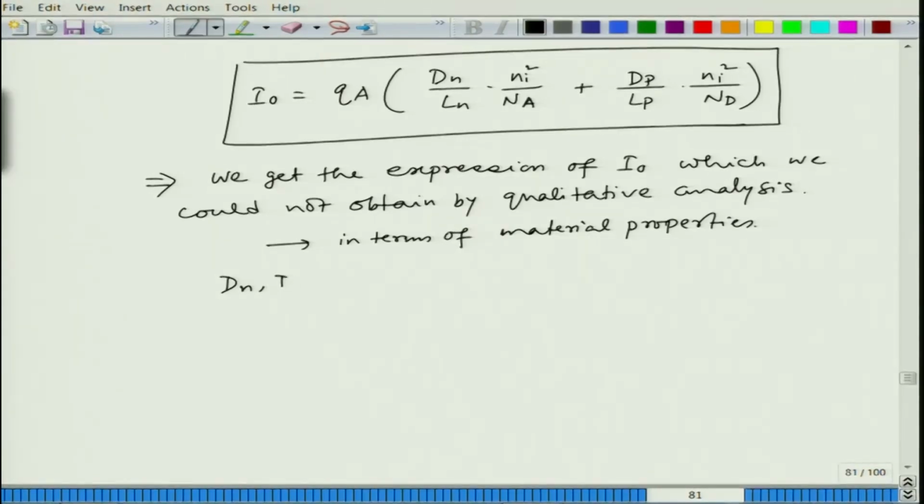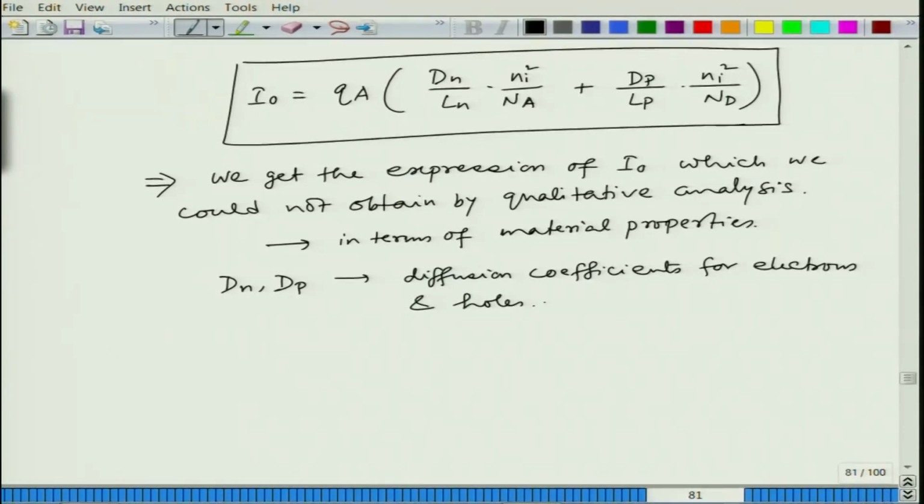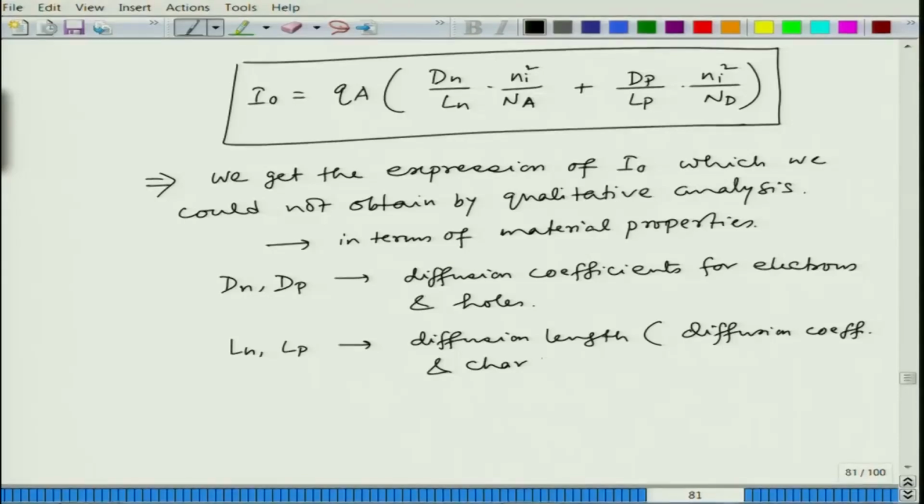Dp and Dn are the diffusion coefficients for electrons and holes, right, and Ln and Lp are called the diffusion length, which depends on the diffusion coefficient and the characteristic time of recombination, also called lifespan.